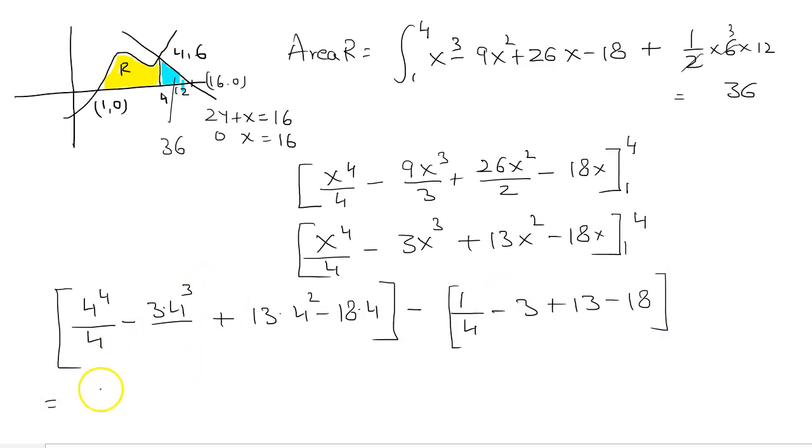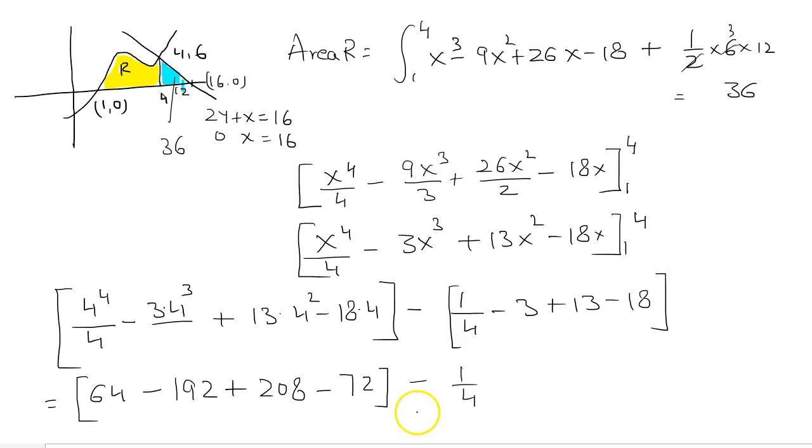So this is equal to 64 minus 3 times 64, that is 192, plus 13 multiply 16, that is 208, minus 18 multiply 4, that is 72, minus 1 over 4 minus 3 plus 13 minus 18, which is minus 8.